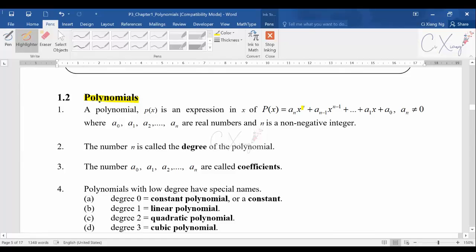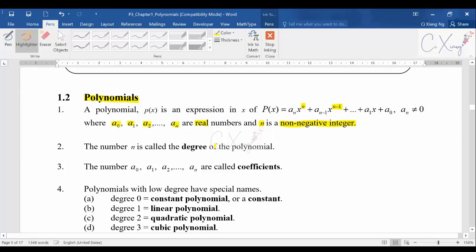There are a few things that you need to know. For any polynomial, all the powers of x must be non-negative integers. So that's the first thing. After that, the numbers a, the coefficients in front of all the x terms, are real numbers.